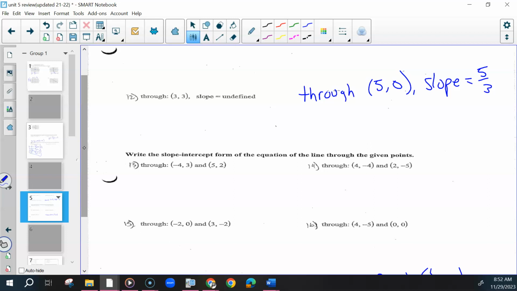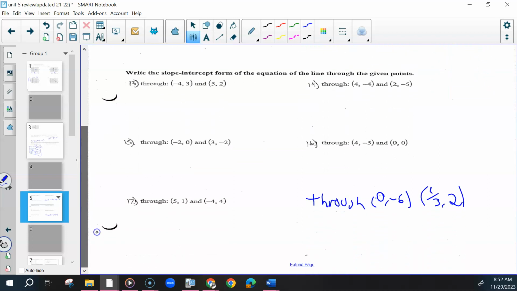And then at the bottom, if you didn't get this, I'm going to come back to it. At the bottom, I want you to write through 0, -6, 1/3, 2. So we're going to do those two for certain.